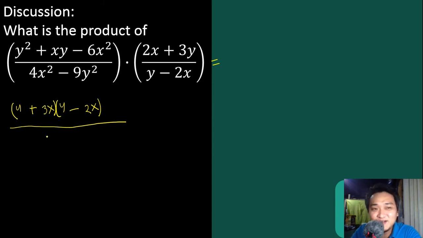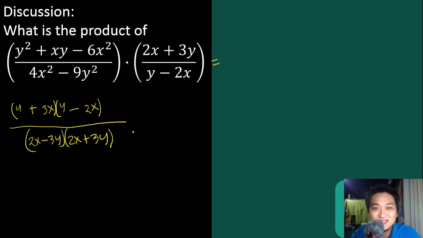How about for the denominator of the first rational algebraic expression? So mapapansin nyo, it follows the difference of two squares. So we can factor that polynomial as 2x minus 3y times 2x plus 3y.